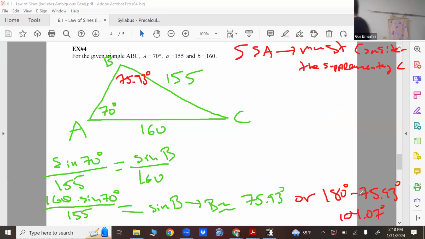Now, can 104.07 coexist with 70? Is there enough room for 70 and 104.07? Yeah. So what this means is that this triangle was not the only possibility. Our triangle could also have looked like this. I know it's crazy.